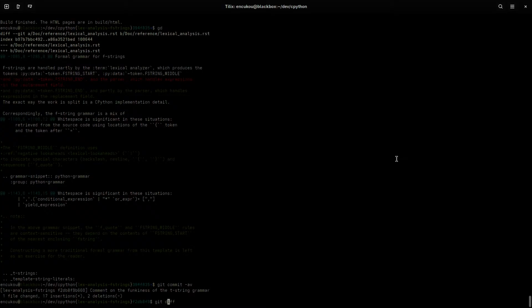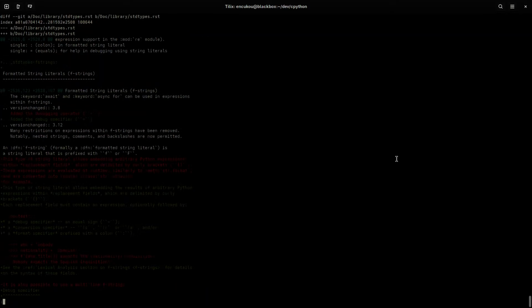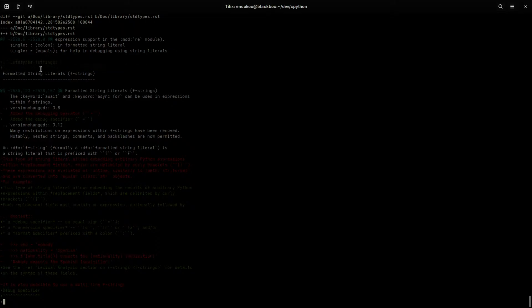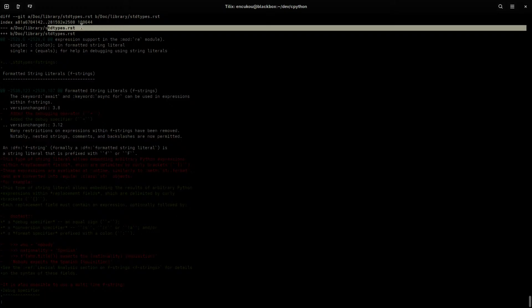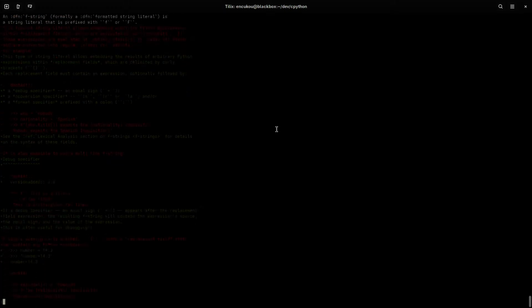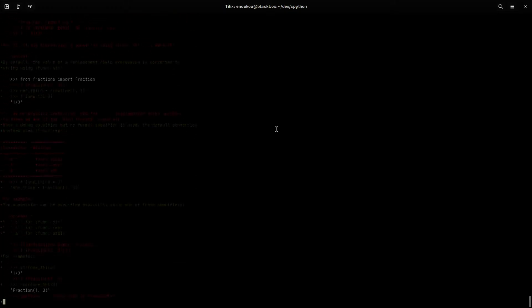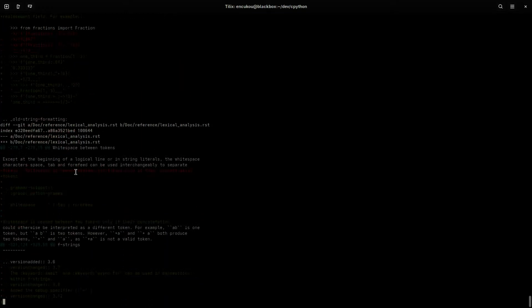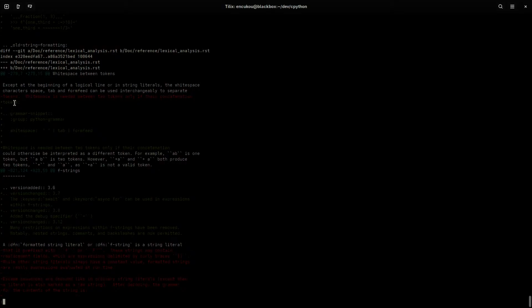Now I do a git diff against the origin. So what did we change? F-strings and standard types. Lots of changes. And then defined whitespace.